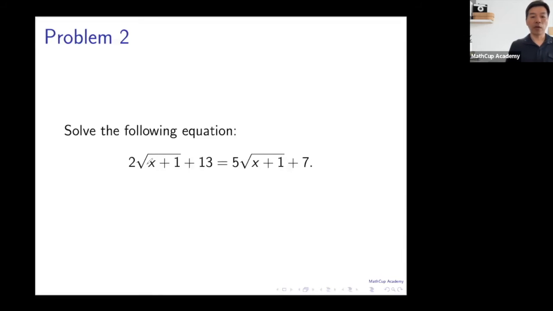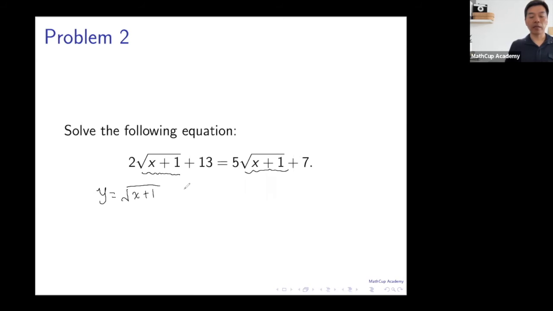But here, if you realize there's a square root of x plus 1 term, and here is a square root of x plus 1 term as well, and there are no other terms with x there. So if you think about a substitution, y equals square root of x plus 1, then this equation will become a linear equation in terms of y, just as in the previous problem.